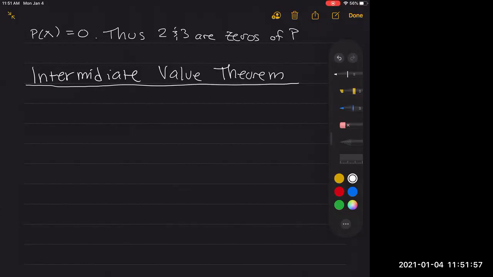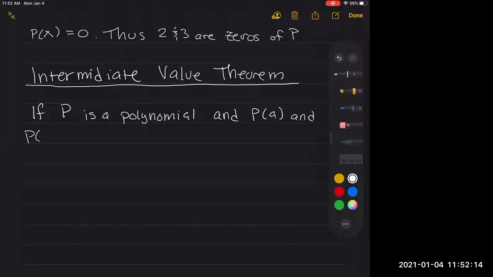Just kind of knowing how to use it is very useful, though. All right, so P is a polynomial, and P of A and P of B are of opposite signs.